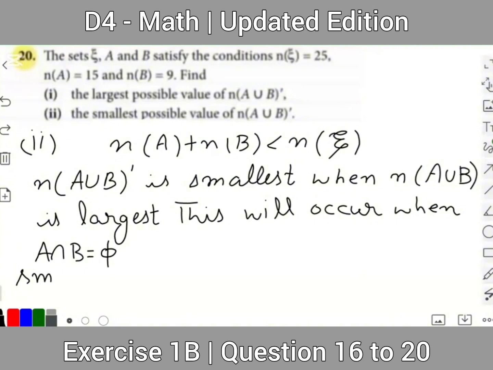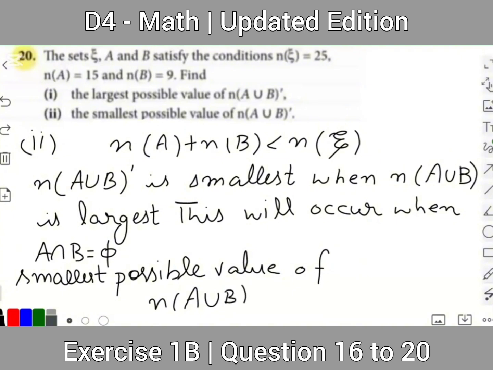So the smallest possible value of n of (A union B) whole complement will be equal to n of eta minus n of A minus n of B. So writing down the respective values, 25 minus 15 minus 9, and it will give us 1.